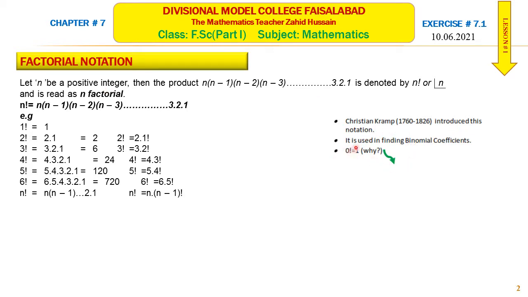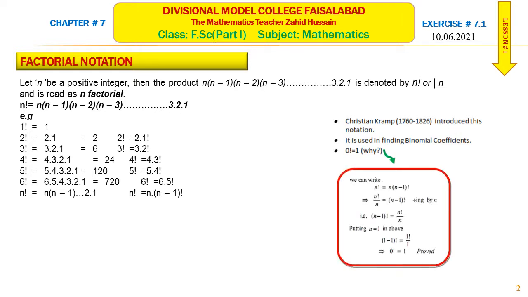You have to keep this in mind that 0 factorial is equal to 1, and this is the proof of this. We can write n factorial is equal to n into n minus 1 factorial, as we have studied here. So dividing both sides by n, n factorial over n is equal to n minus 1 factorial. This n will be cancelled with this n.